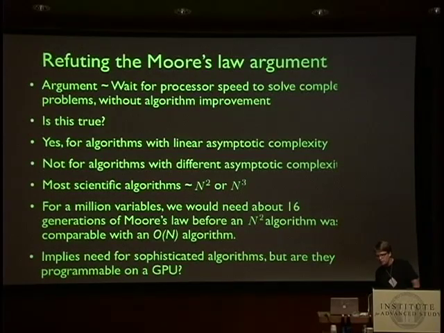But most of us are doing problems where there's a different asymptotic complexity, n squared, n cubed, lots of other things, where n is the number of mesh points or particles or whatever it is that you're thinking about in your calculation. So let's do the example.